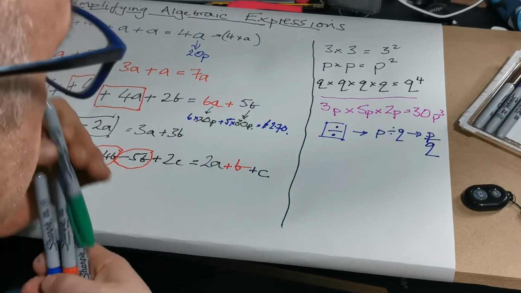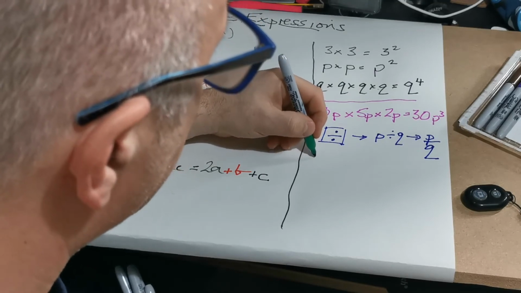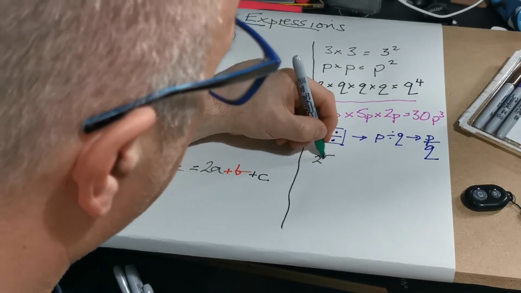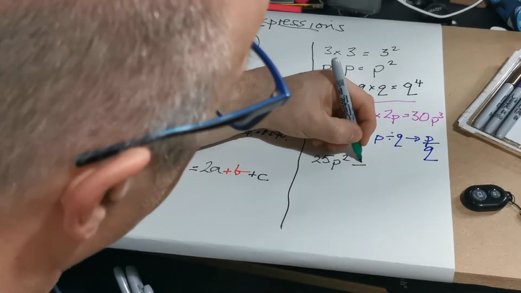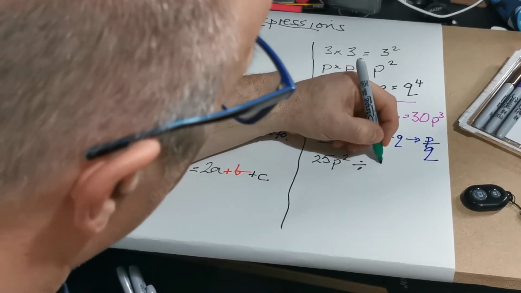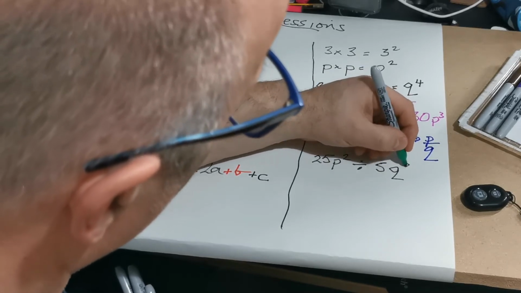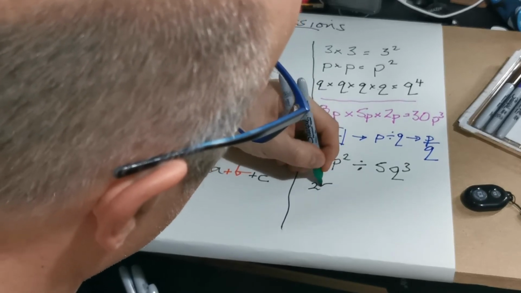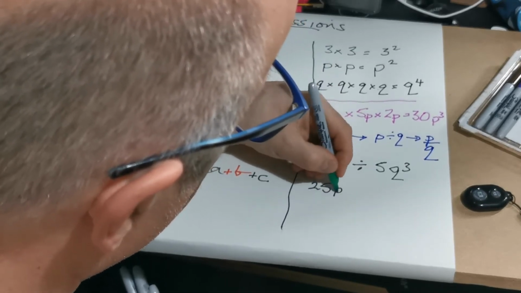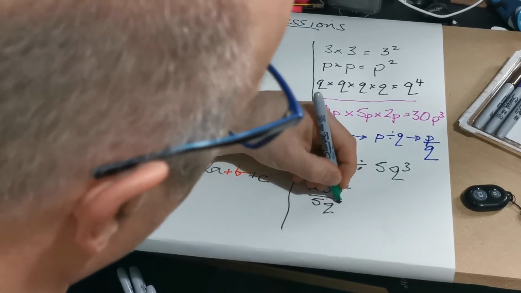And if we had to do something like 25p squared divided by 5q cubed, you would say that's 25p squared over 5q cubed.